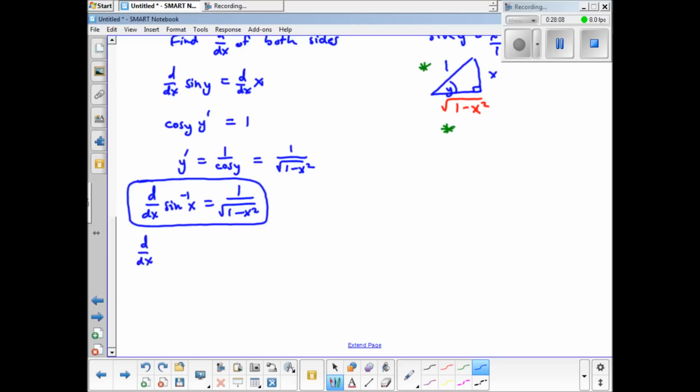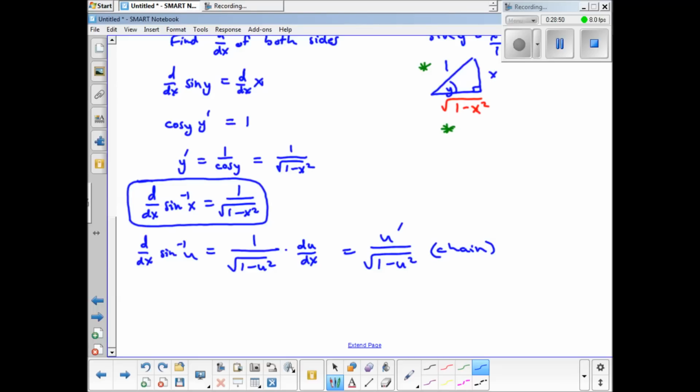So d dx sine inverse of u should be just one over the square root of 1 minus u squared times du dx. Or I like to just abbreviate that as u prime over square root of 1 minus u squared. So that's the chain rule version of it.